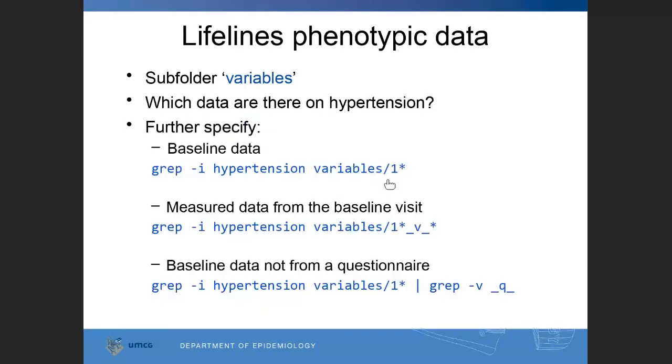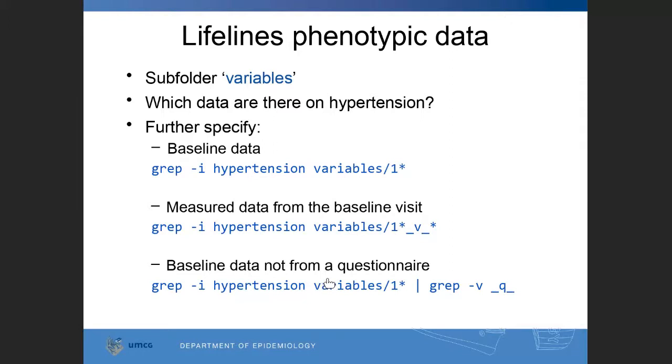If you want to search more specifically, for instance only in the baseline data, then I don't specify the star here, but I specify 1 star, meaning that I want to search in all files starting with a 1. If I want to search only in the measured data from the baseline visit, I also specify that here.